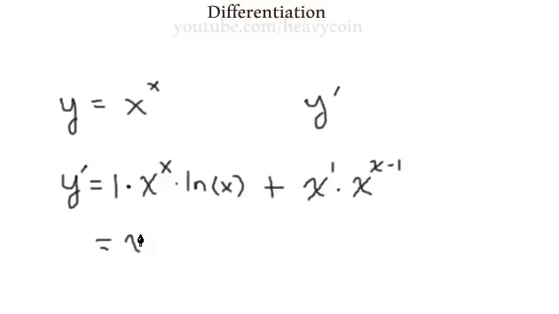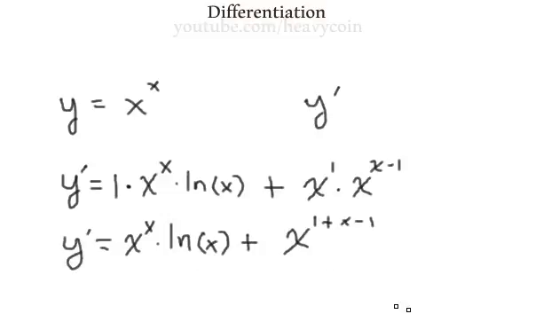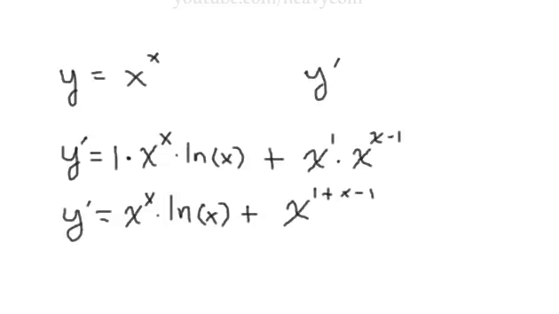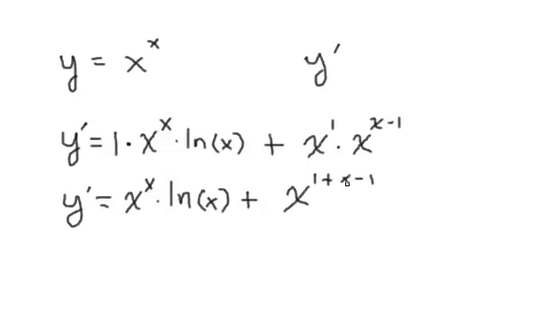So we have x raised to the x times the natural log of x plus, now if I add my exponents, this becomes 1 plus x minus 1. We might have forgotten how to do that, so I better not skip that step. 1 plus x minus 1.